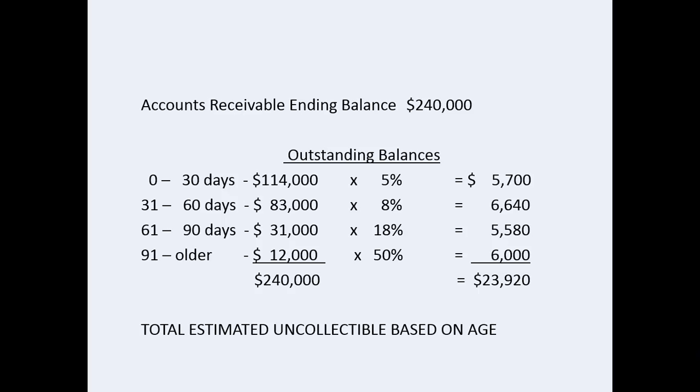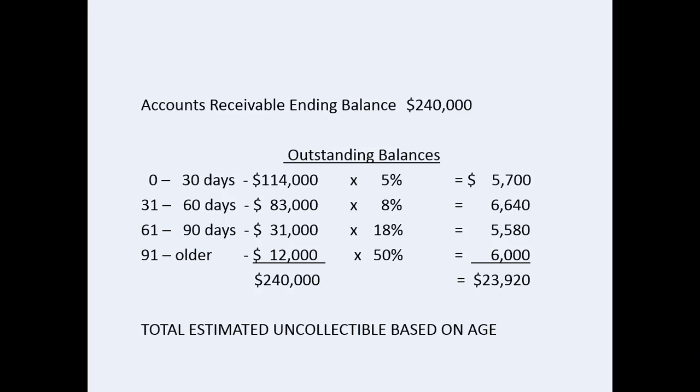So, looking at these various numbers, total $240,000, but $114,000 of that $240,000 is relatively current, and of that amount you multiply by the 5%. So of that $114,000, you believe $5,700 will be uncollectible.